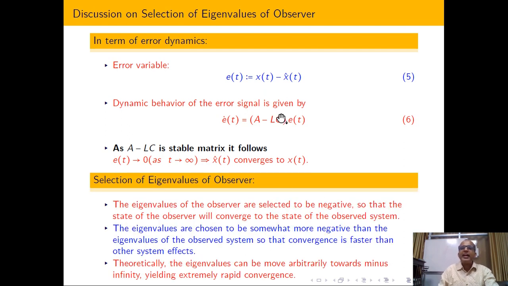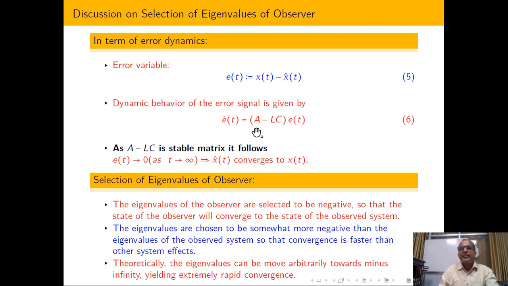Now the question is how to select this L. Whatever algorithm we write to design the observer is running inside some kind of computer, and if something is running inside a computer, then it is possible to put the value of the gain very high also. Due to that, people suggest you can try to put the value of the gain as high as possible.